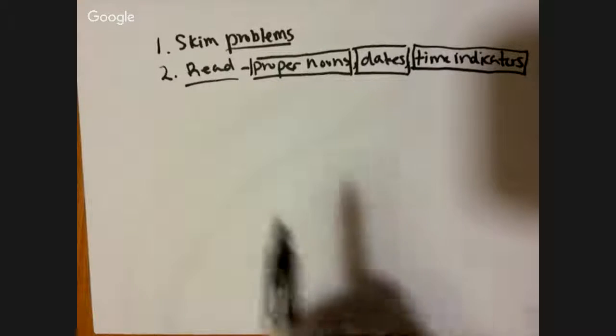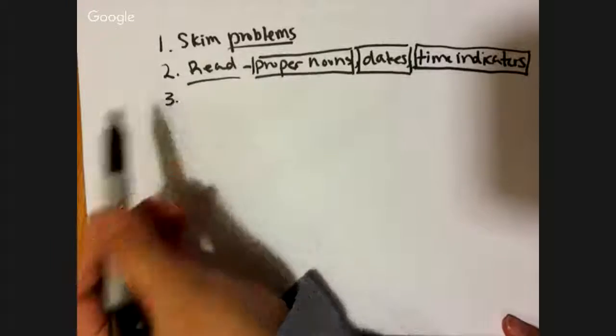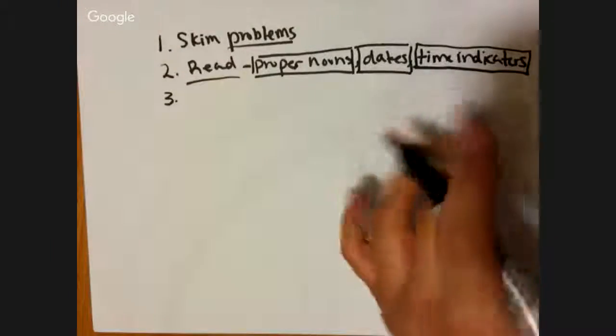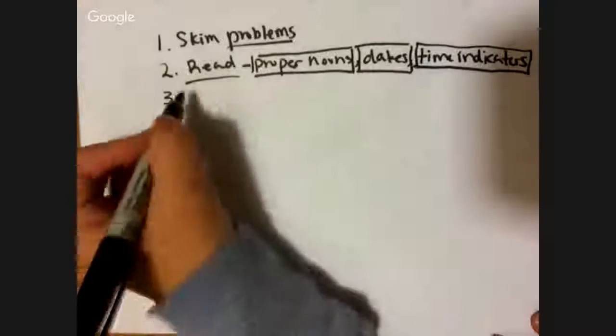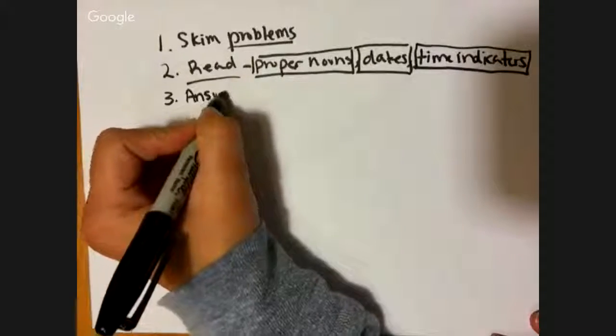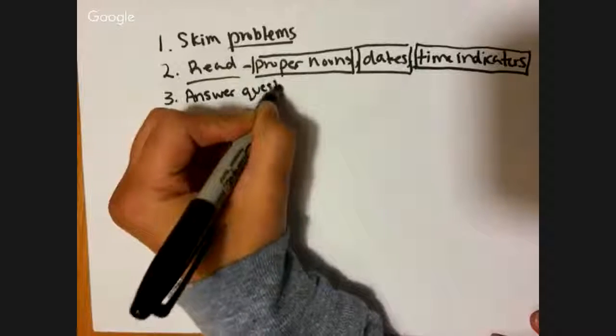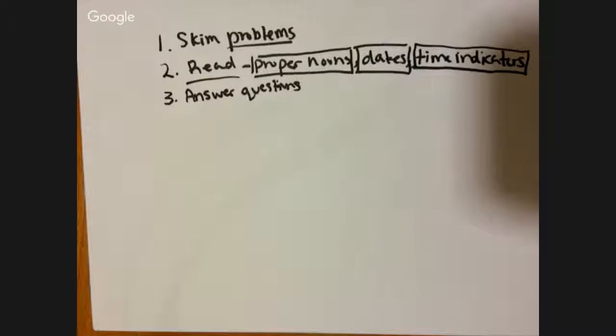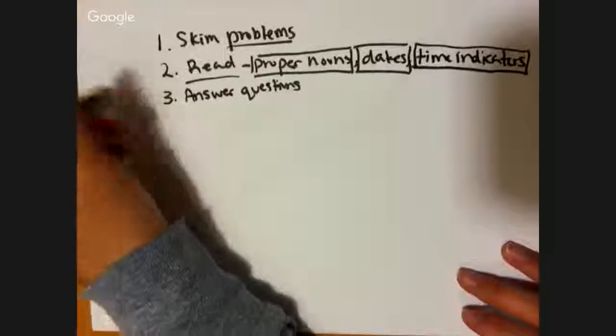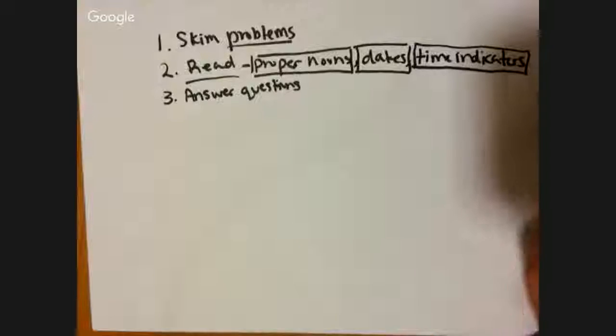As you're reading, if you come across a problem that you've already marked from step 1, you will want to read 2 sentences above and 2 sentences below where you find the information in the passage in order to get the necessary context to answer the question correctly. After you've finished reading the passage, go back through the questions and answer them.